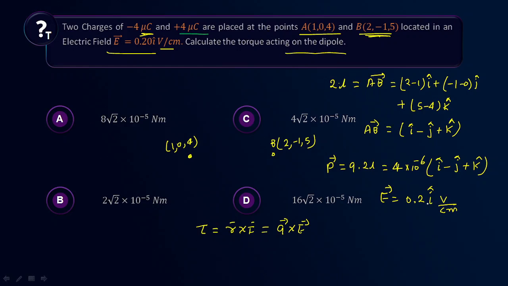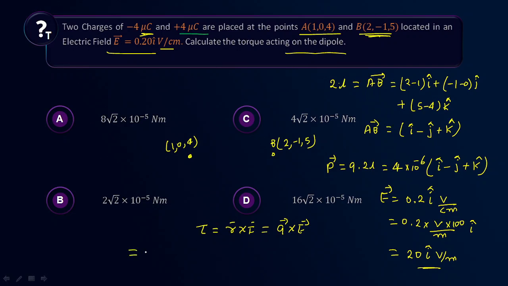We want to convert it into SI units. So it will be 0.2 into volt, and 1 centimeter is 1 by 100 meter, so into 100 i cap. So we got 20 i cap volt per meter. Yes or no? This is our electric field.